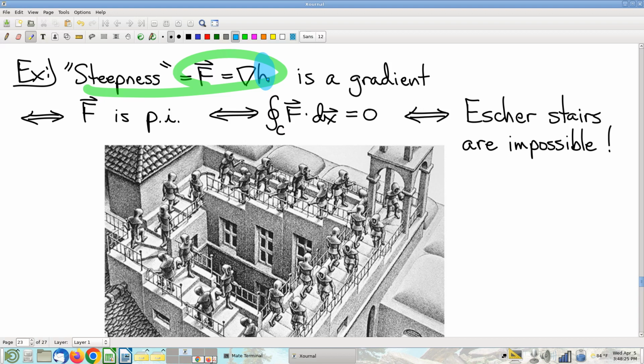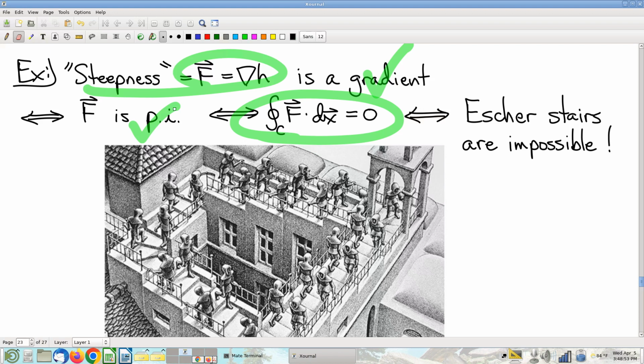Okay, so what can I say about this vector field? Well, first observation I'll make: it's literally a gradient. You can see it right there in the definition, defined as a gradient. Note, all gradients are path independent. Further note, all path independent vector fields make all closed line integrals 0.